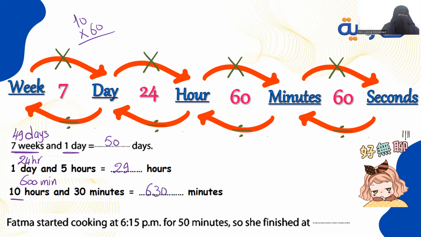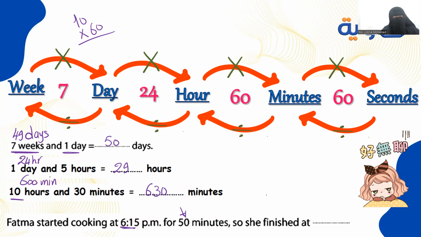Let's read the last question together. Fatma started cooking at 6:15 p.m. So this is the starting time. She spent 50 minutes cooking. So she finished at what?